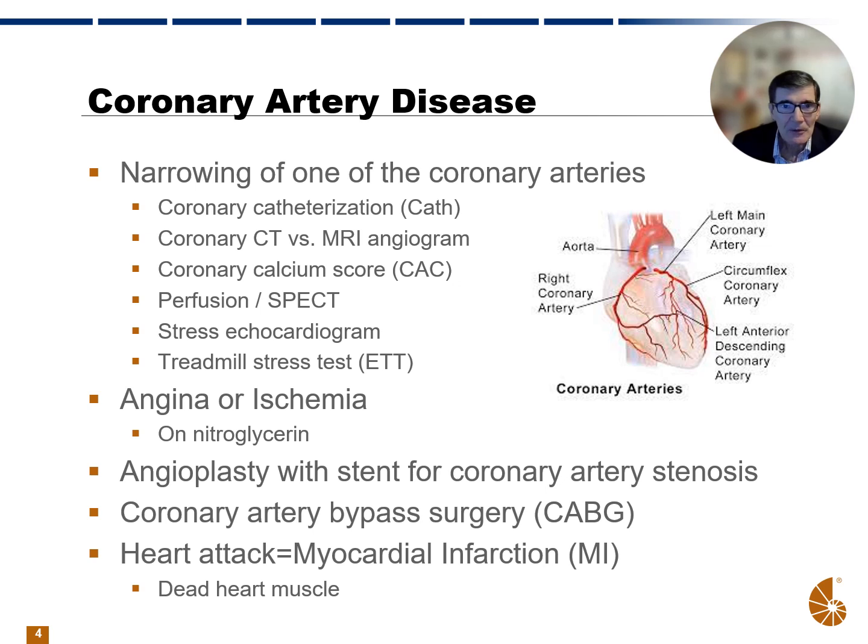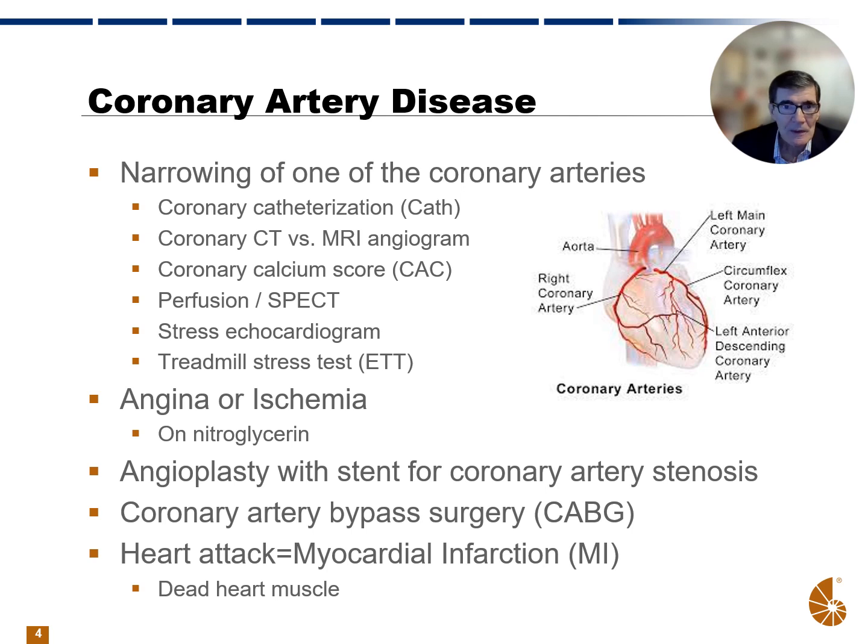So narrowing of one of the coronary arteries can be a problem. So what are the methods we use to try to establish if the coronaries are clear or if there is stenosis? Coronary catheterization is the gold standard. Other tests are used, including coronary CT or MRI angiogram.